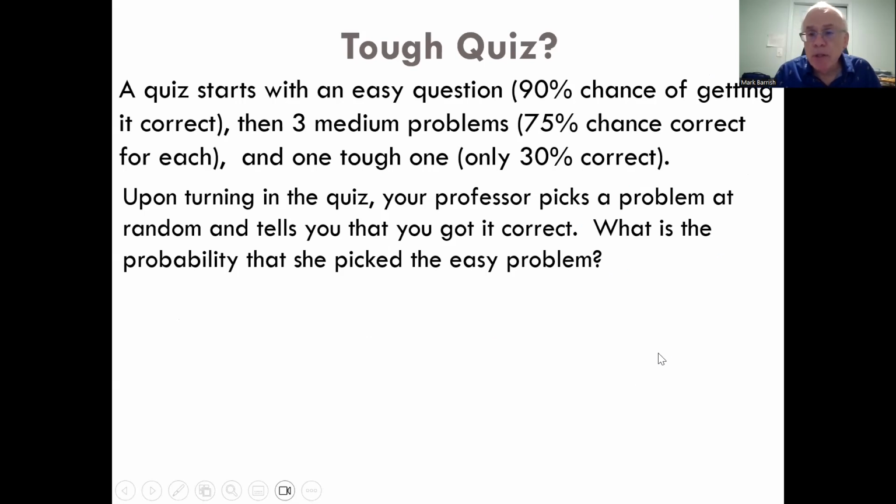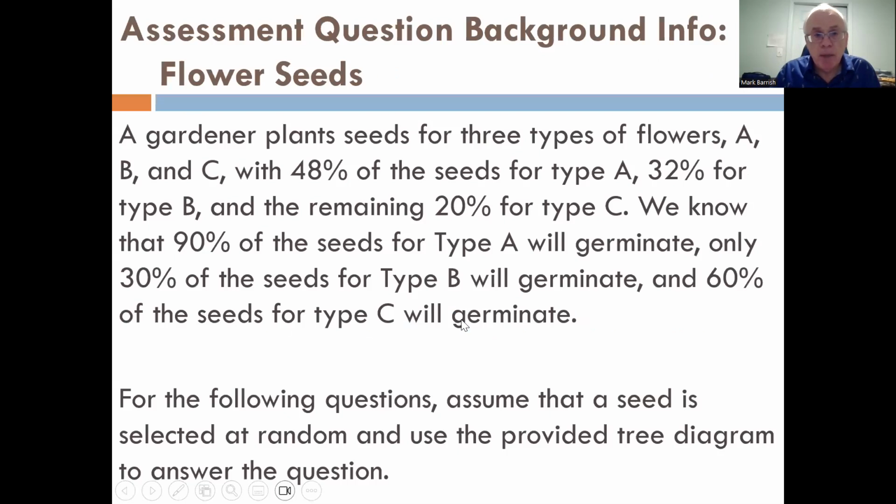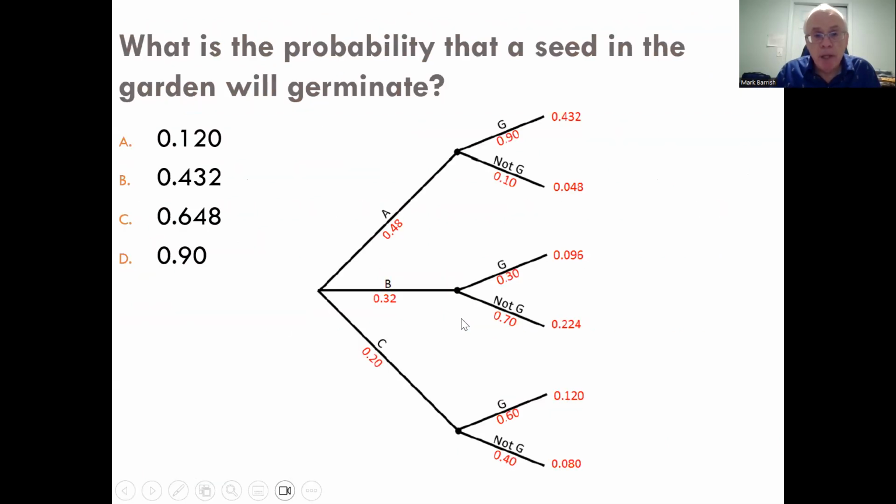Okay, and this is another example of how to use Bayes' rule. There are plenty of examples that you can look through here, so the textbook itself will tell you how to do this. It looks very complicated. And then it shows you how to solve a problem using a tree diagram.